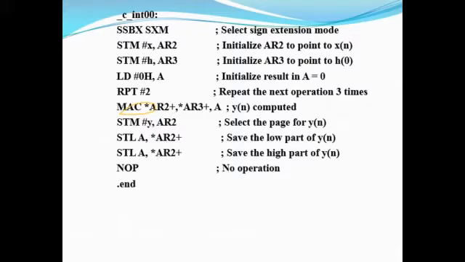Then STM, store the content, Y, again storing the lower part and the higher part. One is storing the lower part into AR2, and storing the higher part into AR2 after considering the increment operator. That is the end of this MAC instruction.